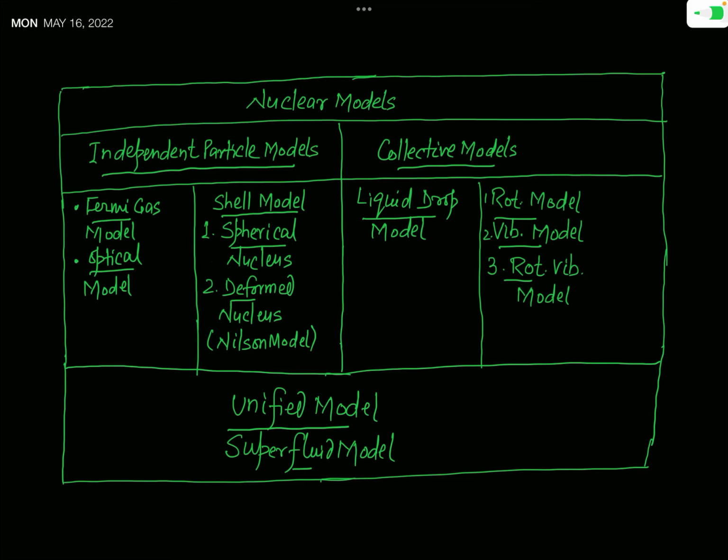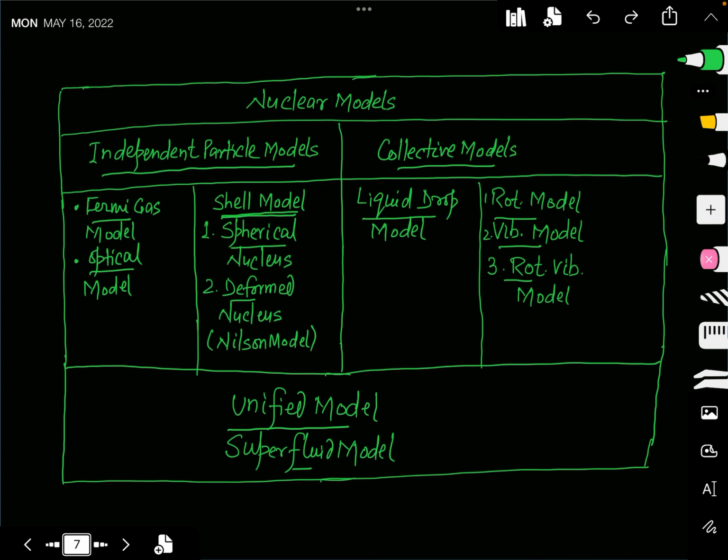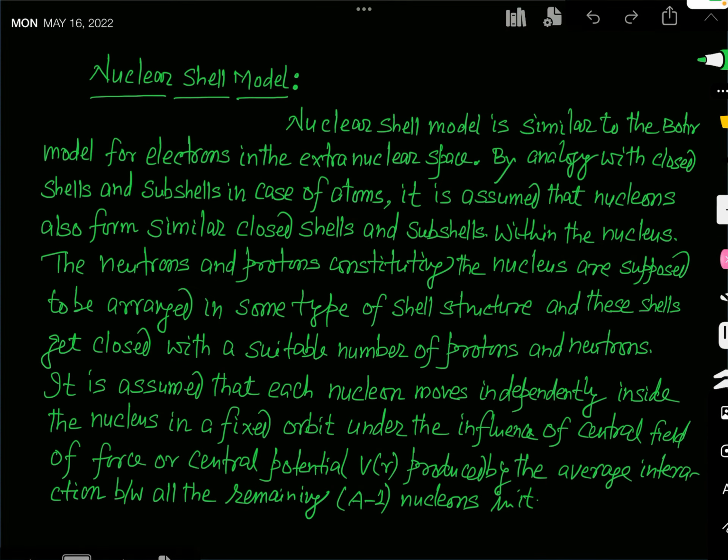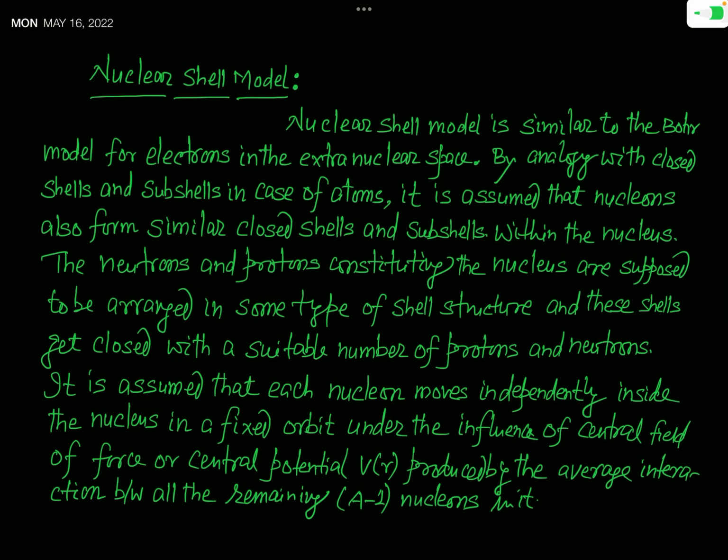So these are the different models, but in the present lecture series we have to study first of all the most important model of the nucleus, which is actually called the shell model of the nucleus. So let us start to deal with the shell model of the nucleus. After this short introduction, I am going to start with the main features of this nuclear shell model.